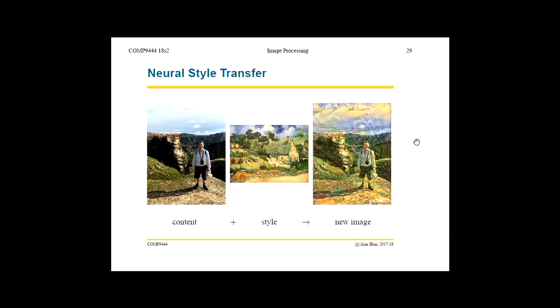For each pixel, we take the red value in this image minus that image, square them, and add all of those up for red, green, and blue over the whole image. We want to reduce that number, so that these two images will be similar.